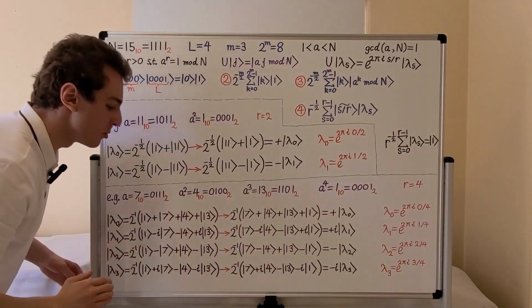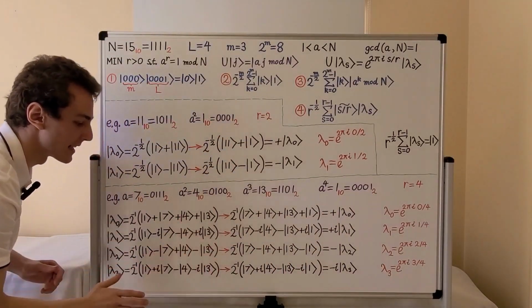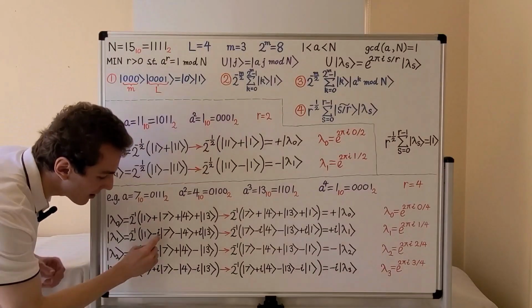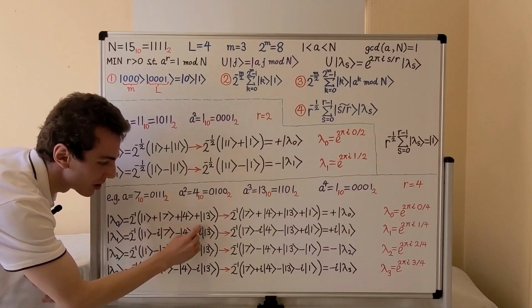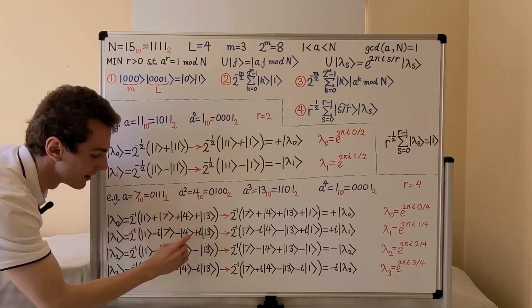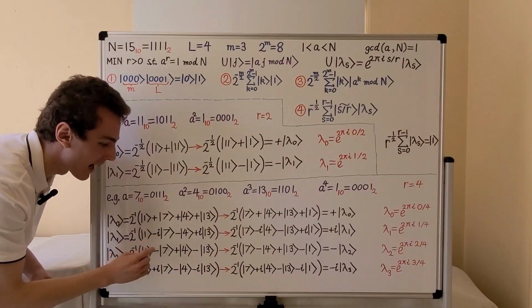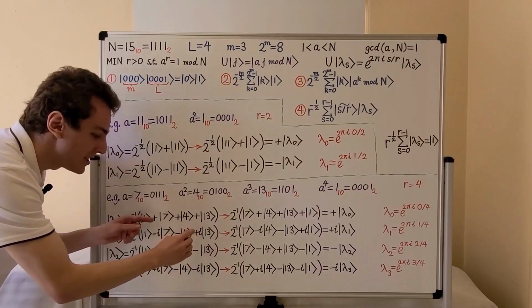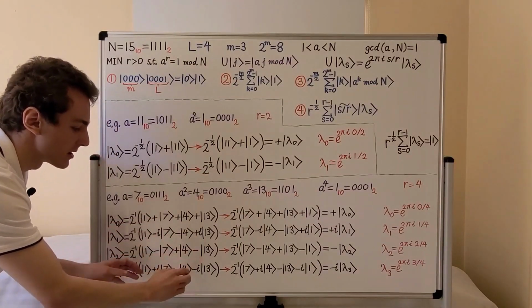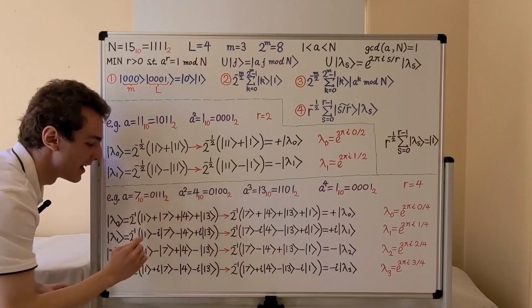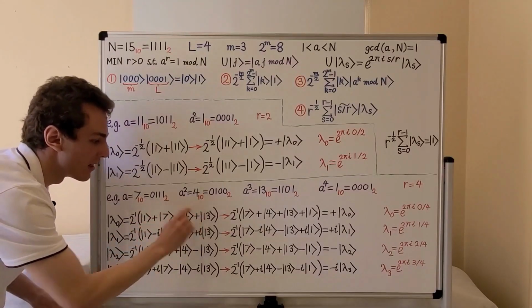But that is not true for the remaining 3 eigenstates. That's because they have these coefficients appearing over here that are not equal to plus 1. We have coefficients of minus 1, and we also have coefficients of minus I and plus I. And these are different combinations of these coefficients, but we still have the same states, and those are 1, 7, 4, and 13.